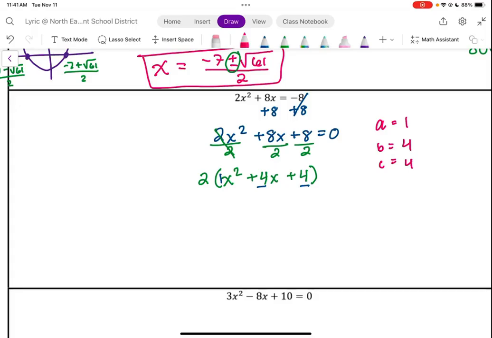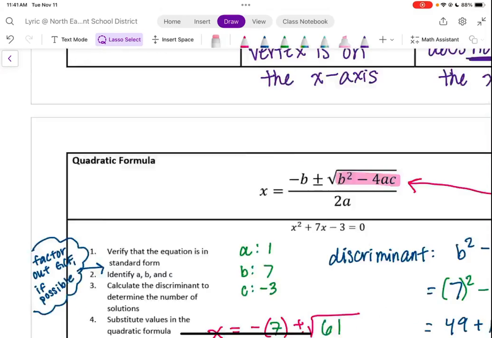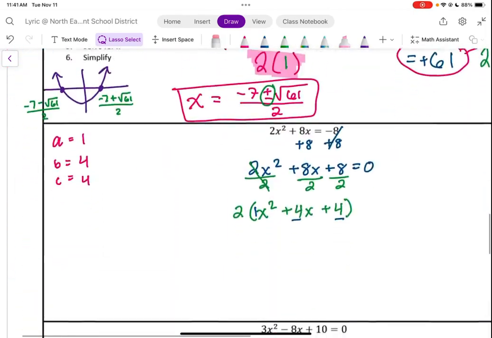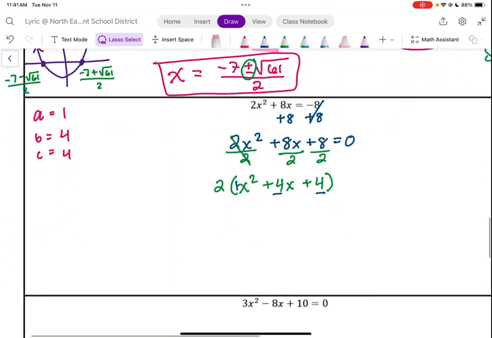All right, so now that we have A, B, and C, we need to write out our discriminant. Actually, I'm sorry. I'm going to move this over here, and we'll do the discriminant on the left side. All right, A, B, and C. We'll start our discriminant. So again, our discriminant is b squared minus 4ac.